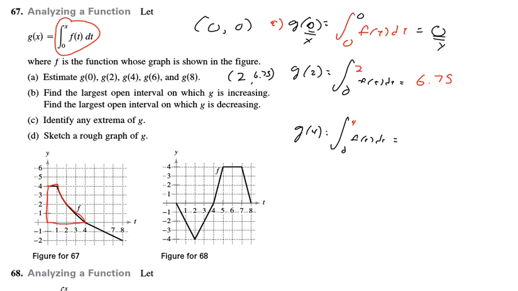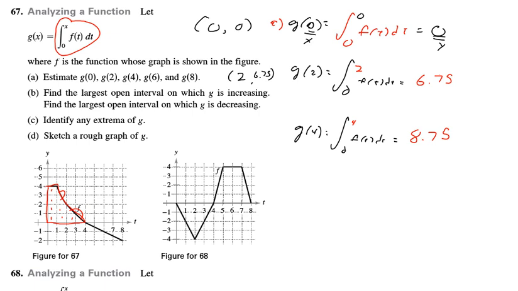1, 2, 3, 4, 5, 6, 7. I'm going to call this 8. And that's still our 0.75. So maybe make it 8.75. Approximately.